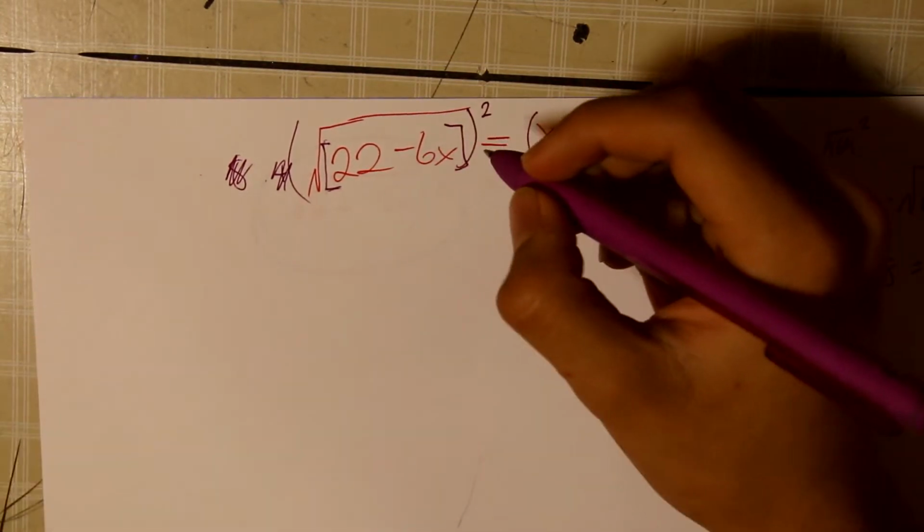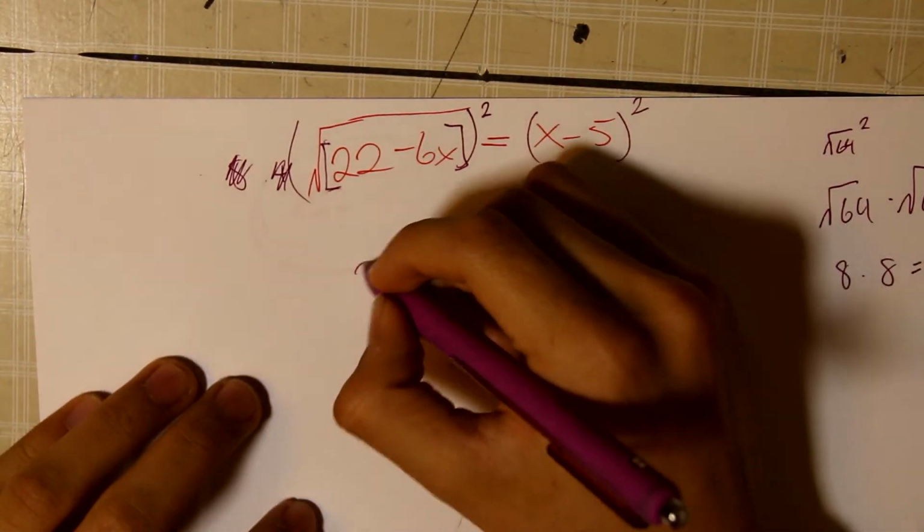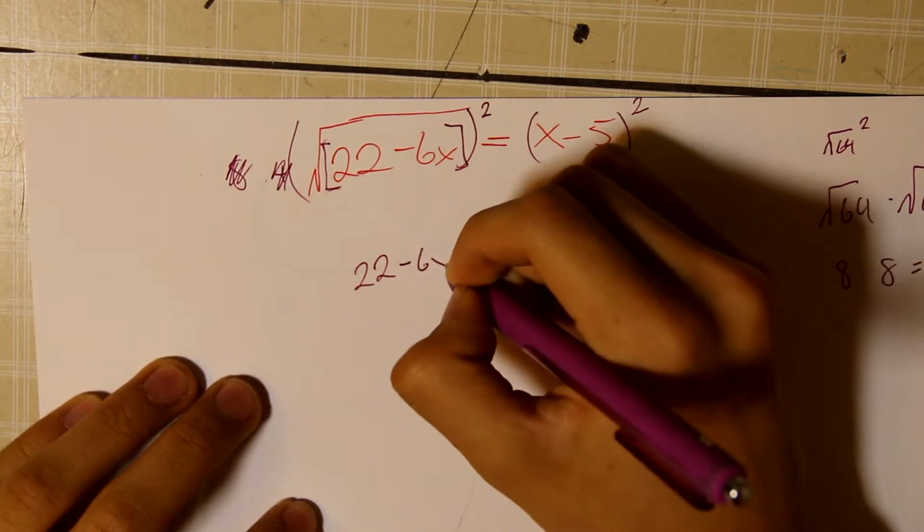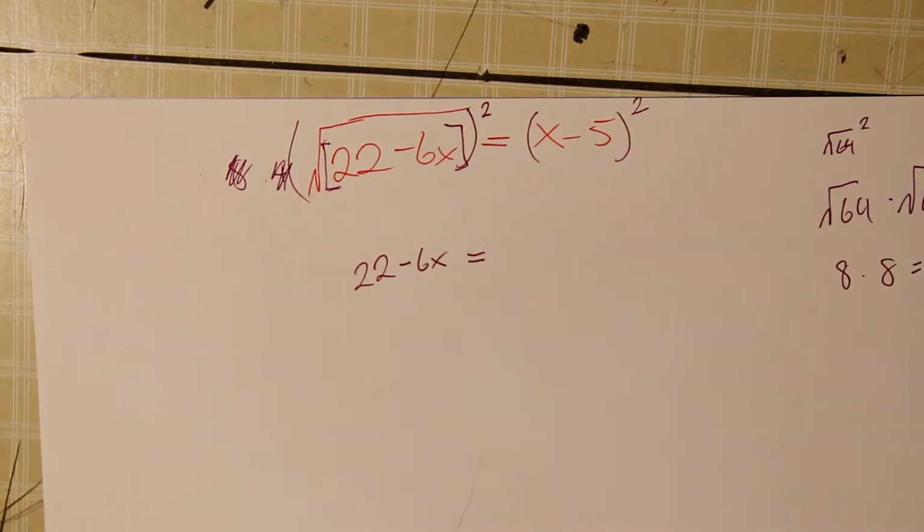Once we've done that, we are left with 22 minus 6x on one side of the equation.